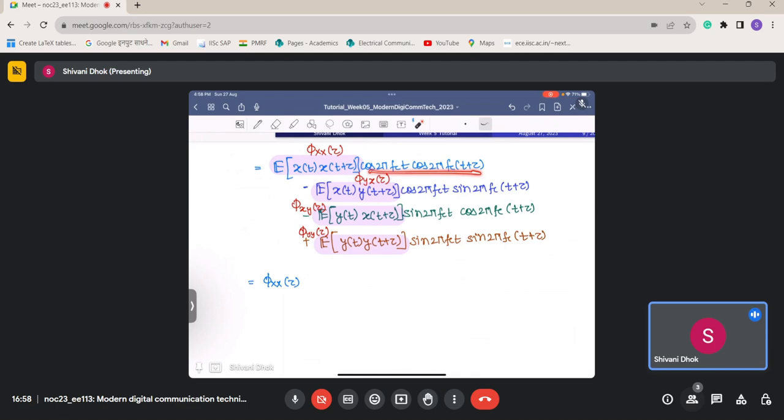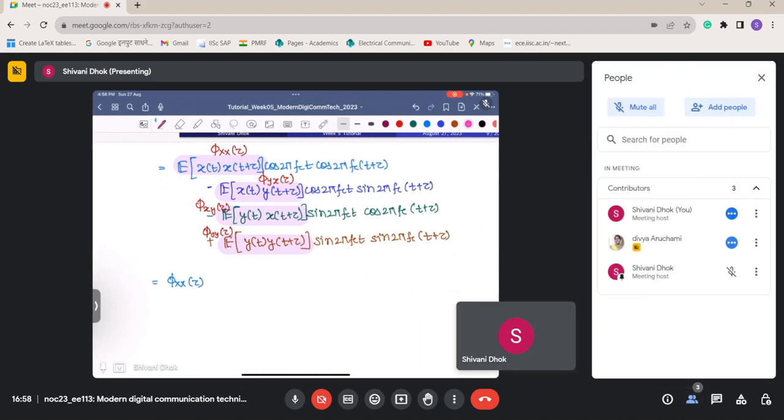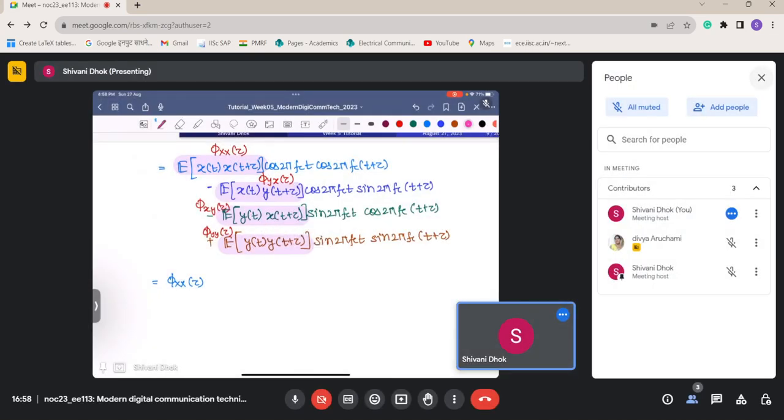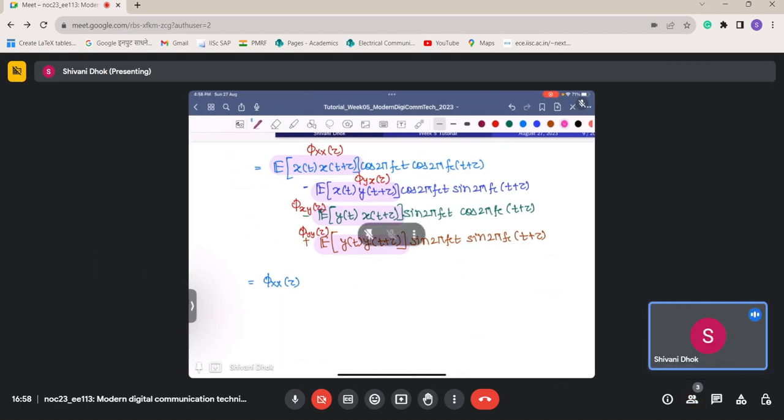This thing here is like cos A cos B. We have cos A cos B as cos of A minus B plus cos of A plus B, divided by 2.